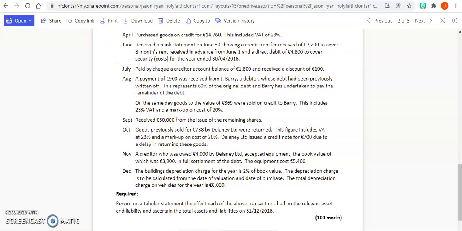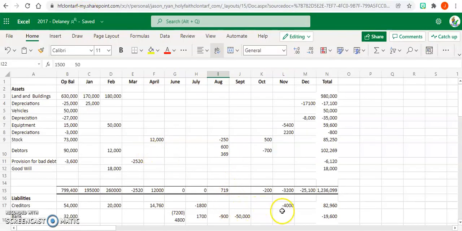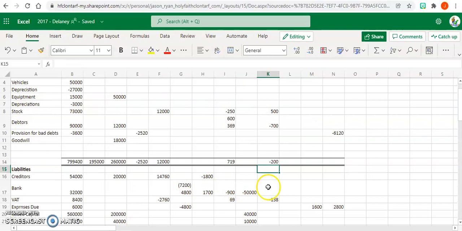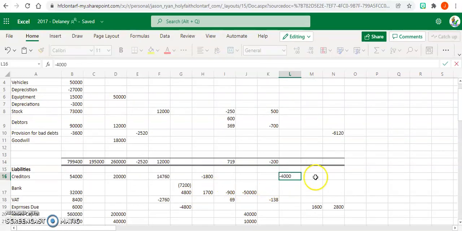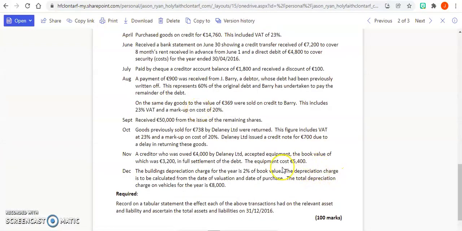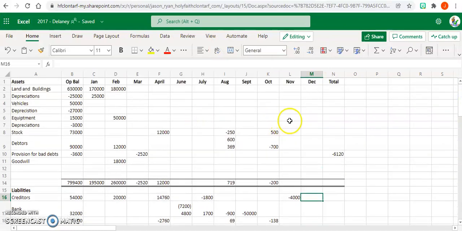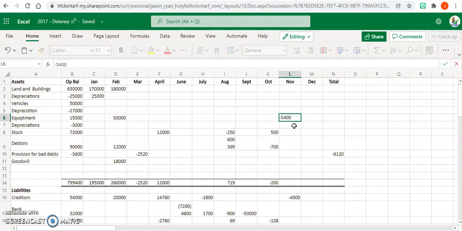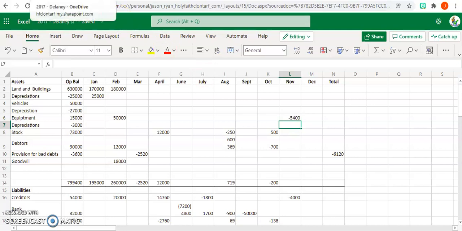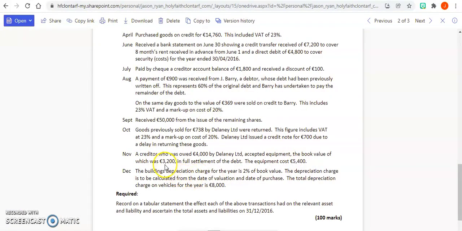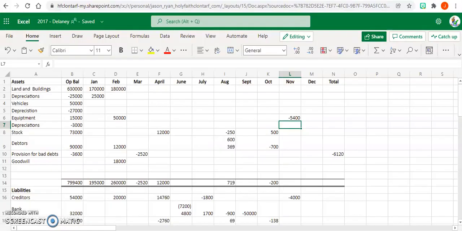So your creditors are going to go down by $4,000. Your equipment is going to go down by $5,400. And then on that equipment, you got depreciation of $2,200, which is the difference between $5,400 and $3,200.